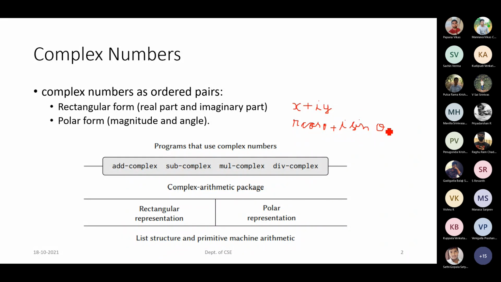Similarly, if it is in the polar form, you will pass both the magnitudes and the angles, and the magnitudes will be multiplied, the angles will be added. Hope I'm correct. Yeah. But when you are passing it as data, you will be passing either only the real part or only the imaginary part, or magnitude or angle.